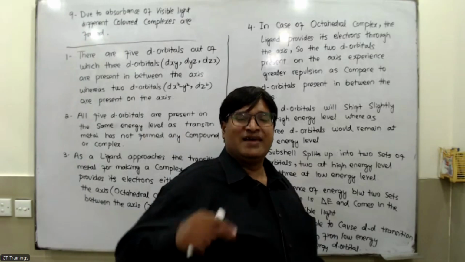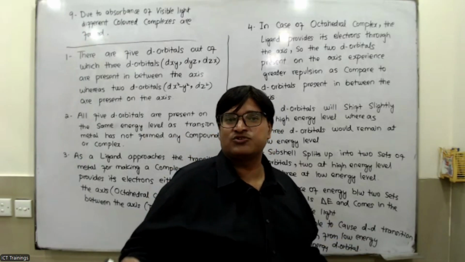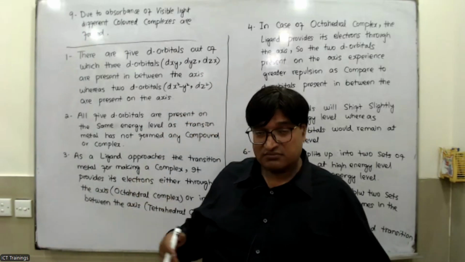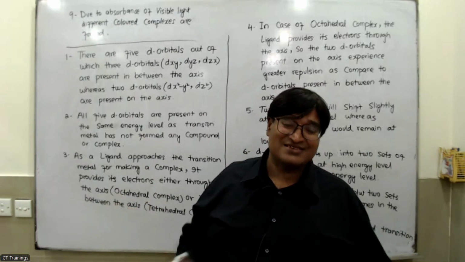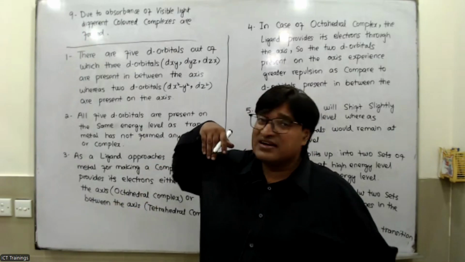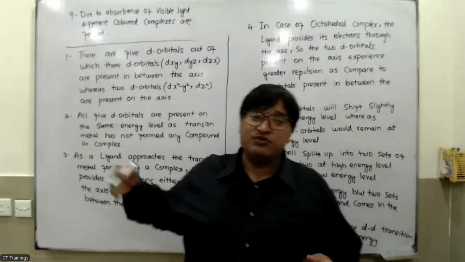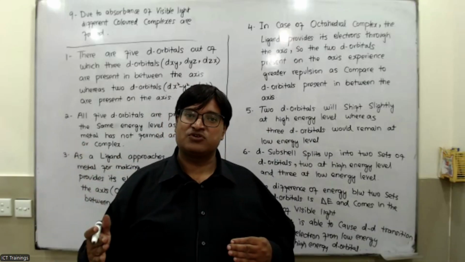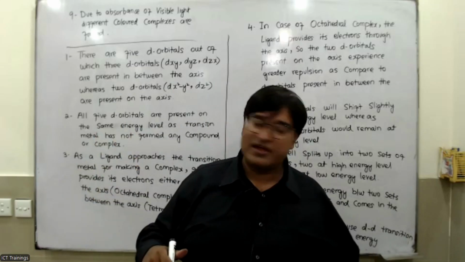Copper attached with the chloride, CuCl4 2 minus, forms the yellow complex, whereas copper with water forms the blue complex. So why is this the difference? Because the ligand repulsive forces would shift the d orbitals at different energy levels. Due to difference in energy levels, different absorbance of light would take place.